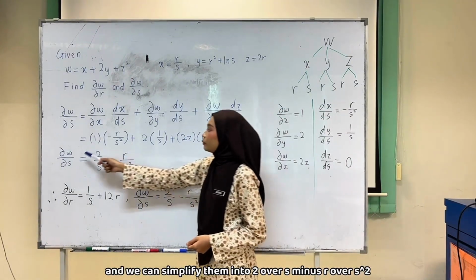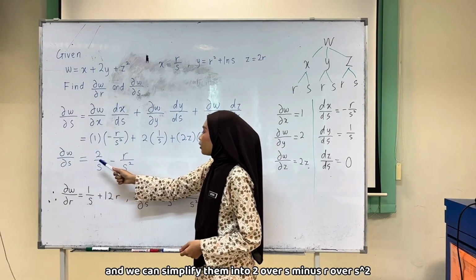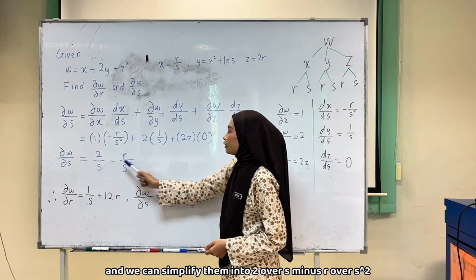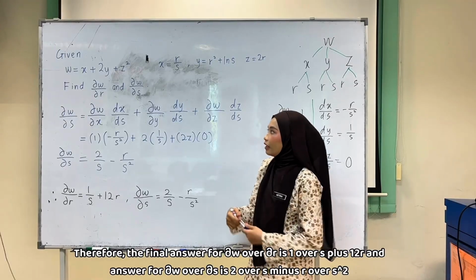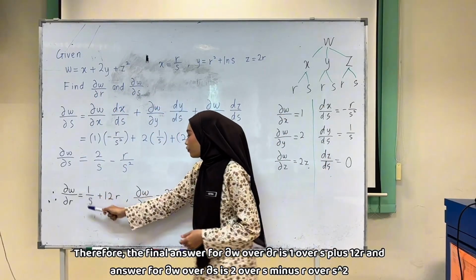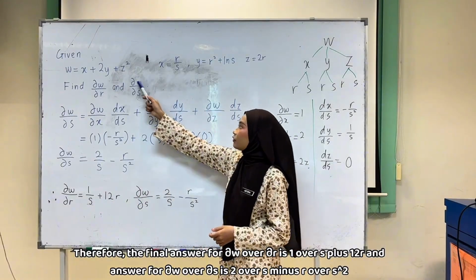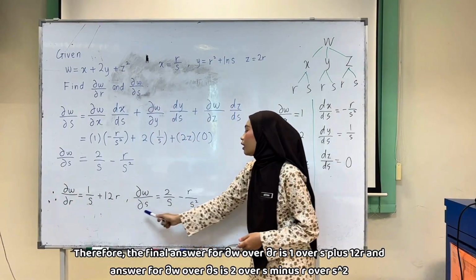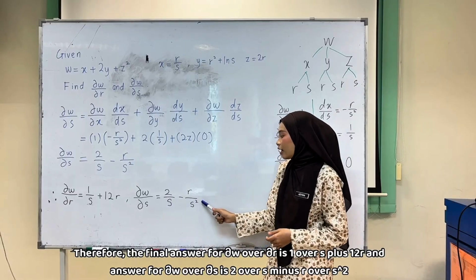And we can simplify to 2 over s minus r over s squared. Therefore, the final answer for partial w over partial r is 1 over s plus 12r, and the answer for partial w over partial s is 2 over s minus r over s squared.